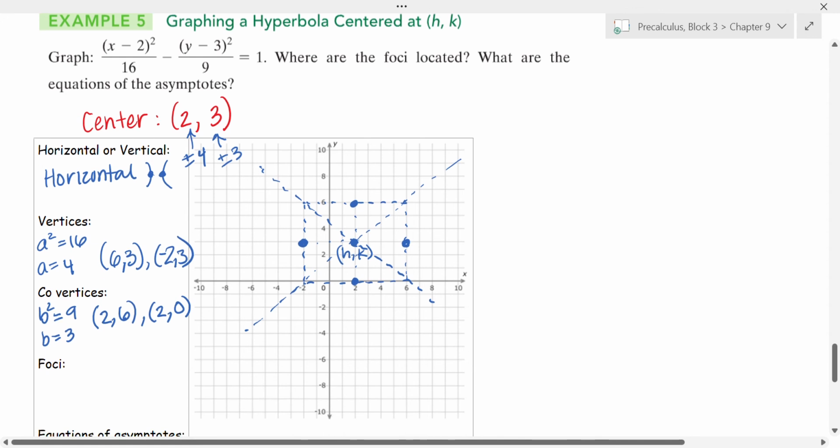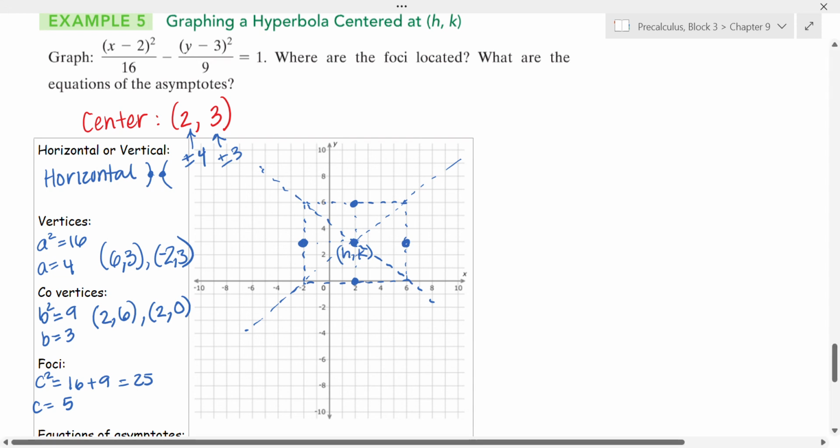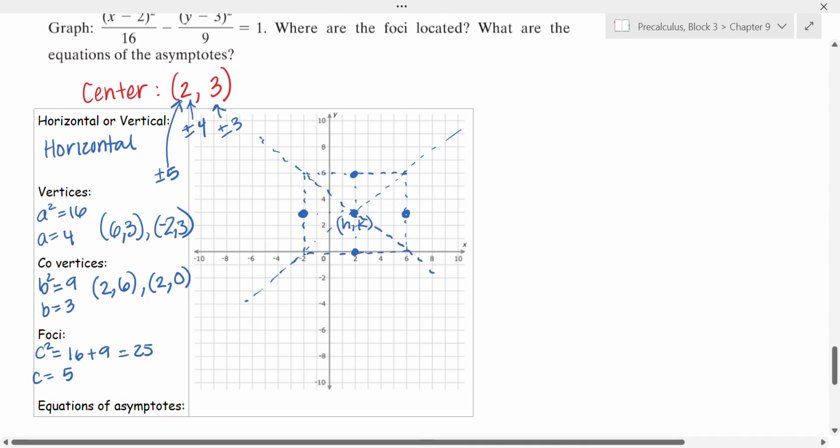Let's find our foci. C squared equals A squared plus B squared. 16 plus 9 equals 25. C equals 5. And so from our center, we add and subtract 5 units to our x value.